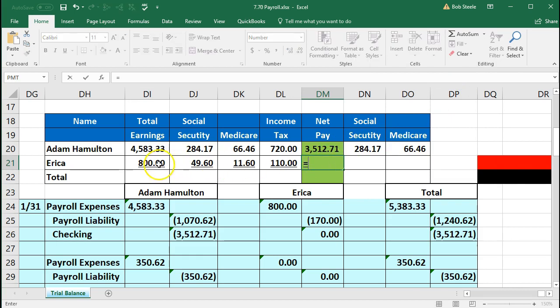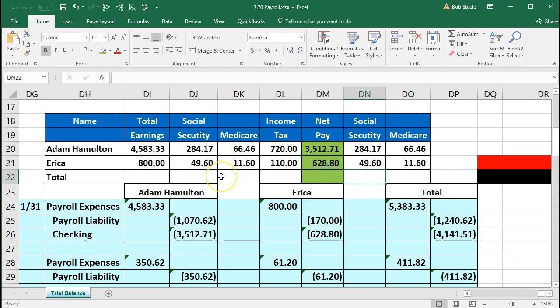We're going to say this is the $800 minus the $49.60 for Social Security, minus the $11.60 for Medicare, minus the $110 for Federal Income Tax. You'd think we'd be done there, but we're not, because we have to have the employer portion, Social Security and Medicare. So that's going to be this item, the 49, and that's going to be another $11.60.